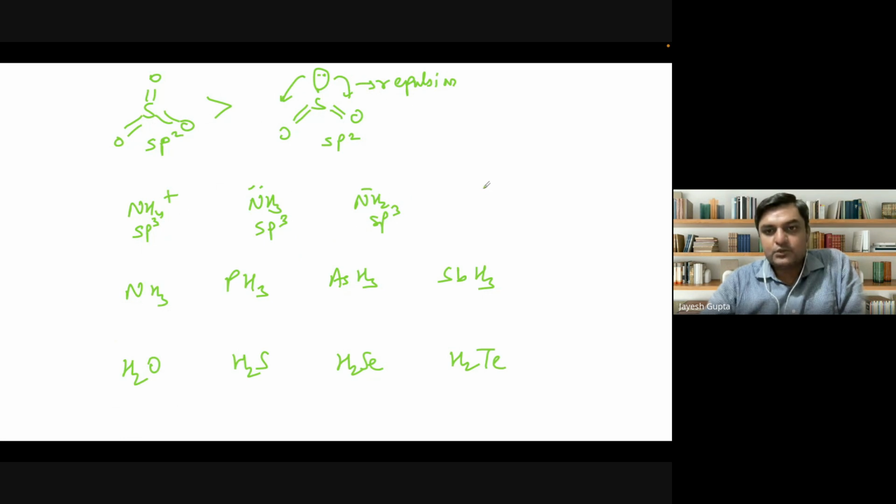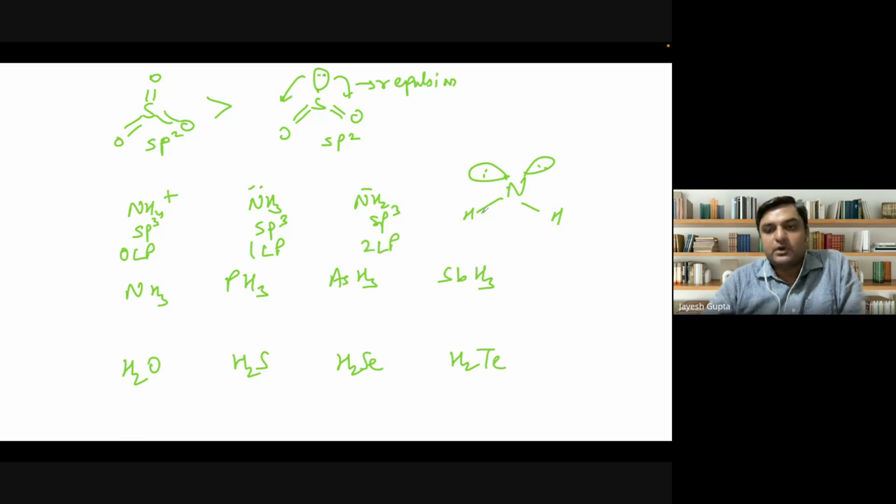In NH2 minus, there is a negative charge and there is also one lone pair already present, so there will be two pairs of electrons in this structure. Hybridization came the same, so now you have to look for lone pairs. Here it is zero lone pair, here one lone pair, here you have two lone pairs.